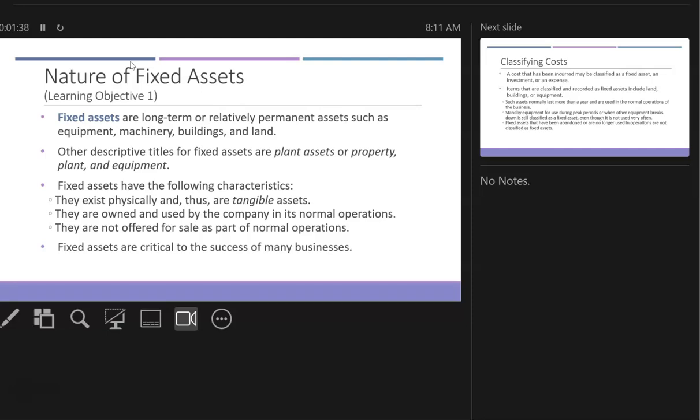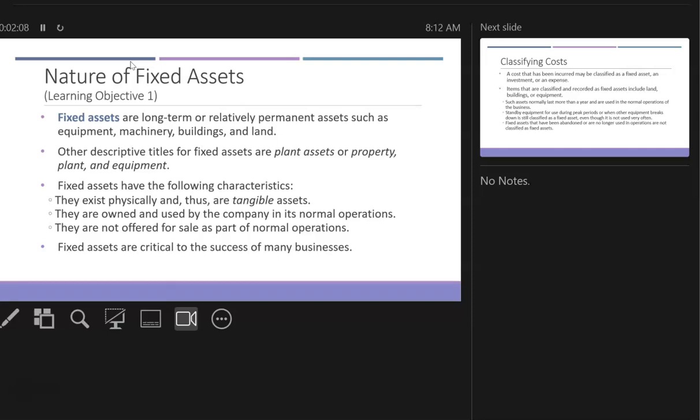That is normal inventory for them. But we're talking about companies that actually utilize these assets in their normal operations, okay? So do you understand the difference between someone that sells inventory versus someone that purchases equipment for use in their normal operation? Okay, that's what we're talking about here.